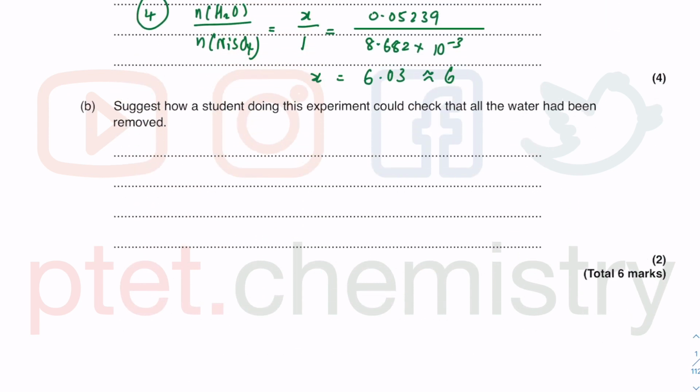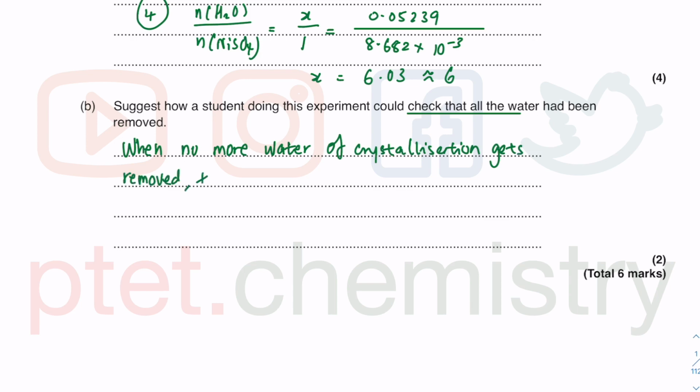In part B, the question is: how could the student check that all the water had been removed? When no more water of crystallization gets removed, then no further change in mass occurs. But this is a 2 marks question, so what would the student need to do?